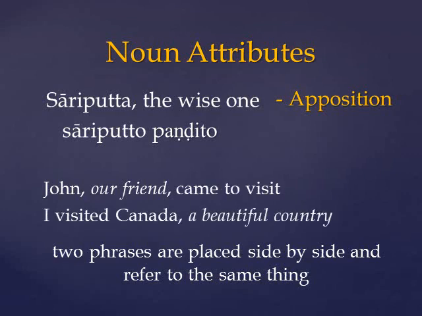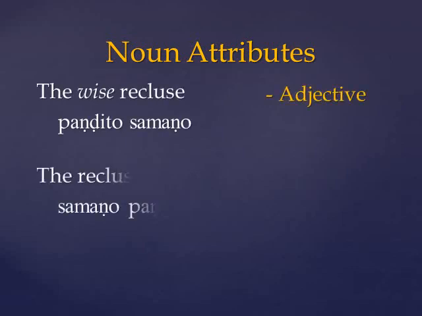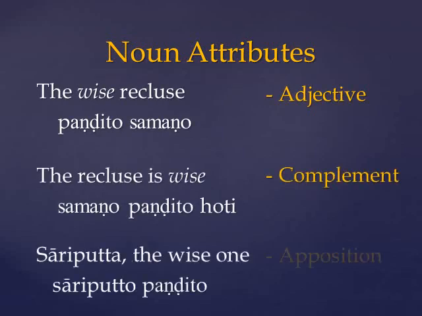Now again in Pali, the terms of the apposition are both placed in the nominative case, because they both refer to the same thing. So we've seen that there are three ways we can add attributes to a substantive noun, and that is as an adjective, a complement, or in apposition. Now you may ask yourself, how do we know the difference between these three types of constructions?